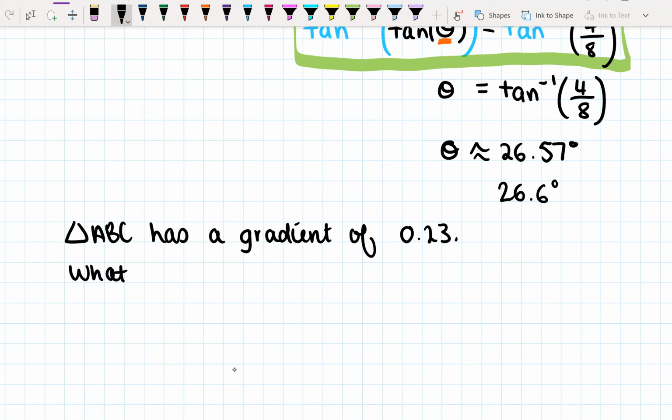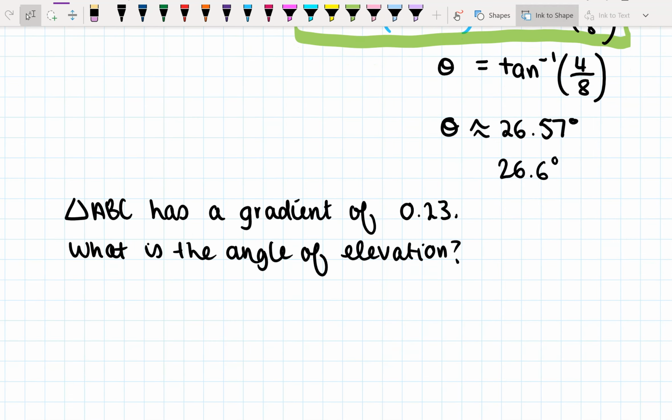What is the angle of elevation? I'm going to include a picture of triangle ABC because it's not fair to do this if we don't know that it's definitely a right angle triangle. Because if it's not, we can't calculate this. So this is ABC, and it has a gradient of 0.23.